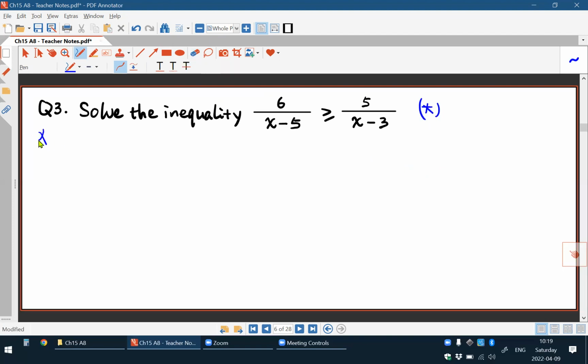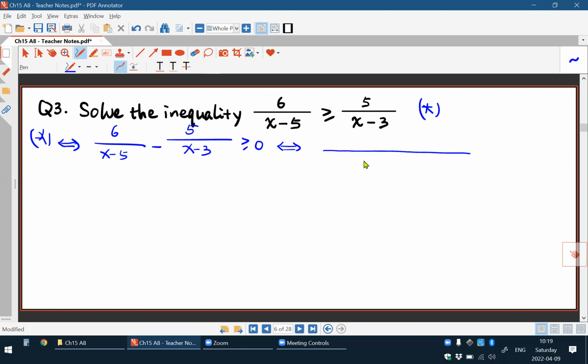Okay, so first of all, the original expression is equivalent to, for example, we can move everything to the left. Then 6/(x−5) minus 5/(x−3) is greater than or equal to 0. Next, we can rewrite the expression on the left side using the common denominator, which is (x−5) times (x−3). Then first, we have 6 times (x−3) minus 5 times (x−5), greater than or equal to 0.